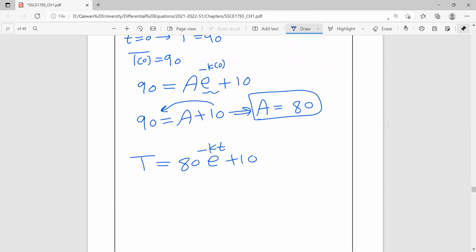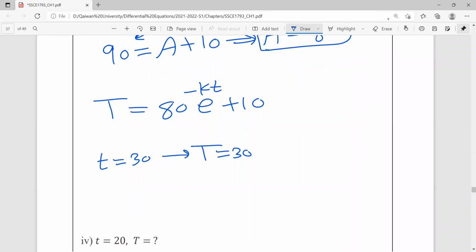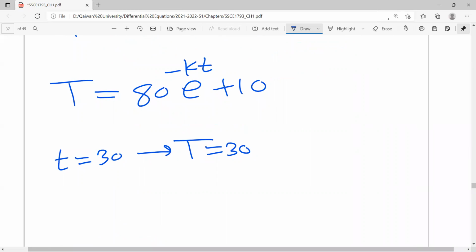And now we have another condition. It says if little t is 30, then capital T is 30 also. So we say T of 30 equals 30.